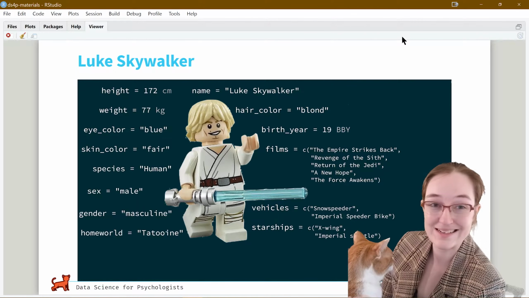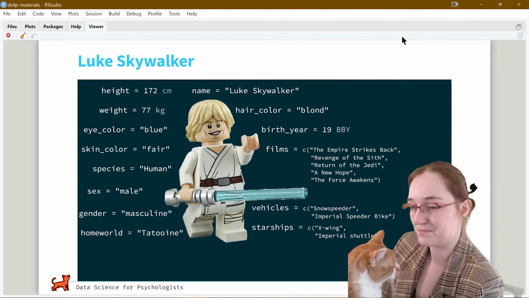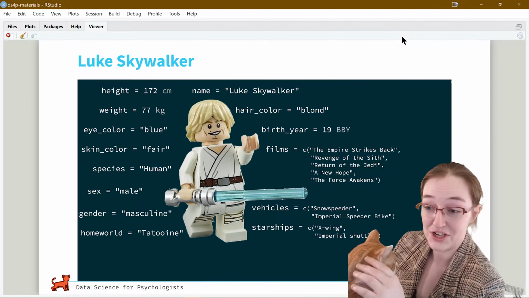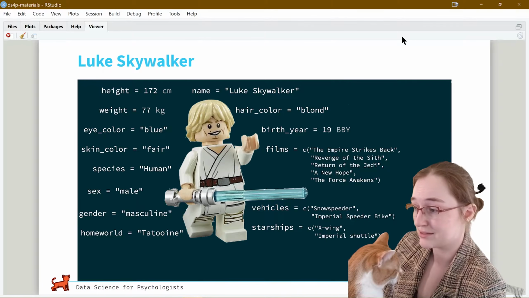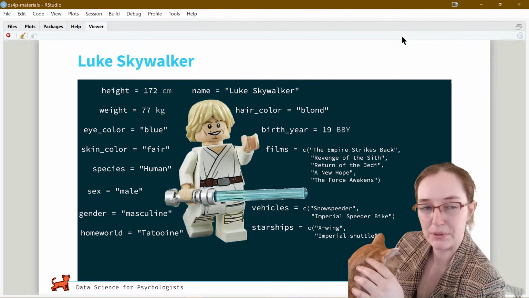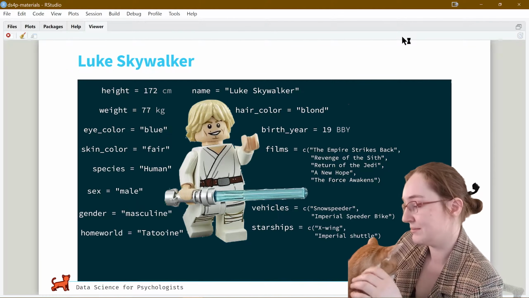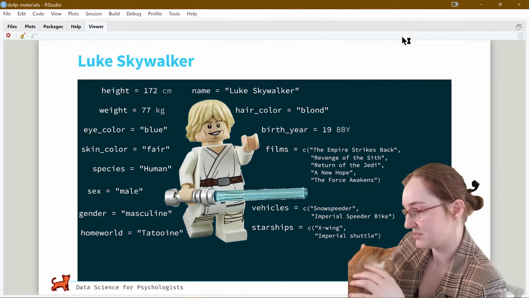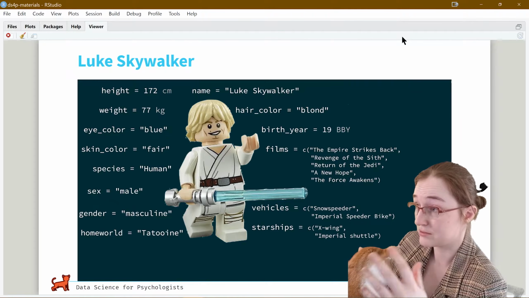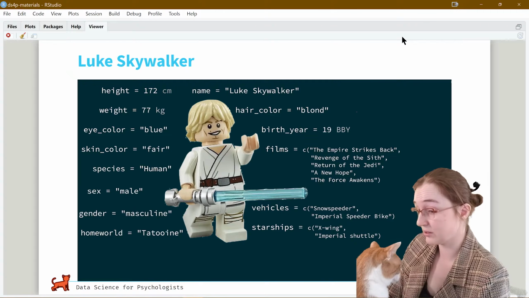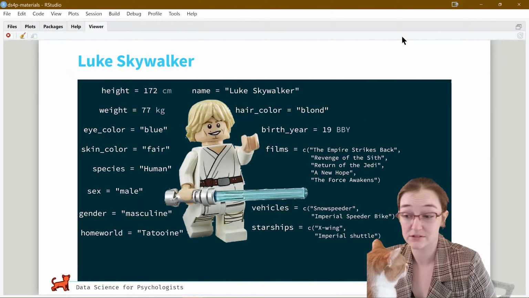His birth year is 19. He's in the films Empire Strikes Back, Revenge of the Sith, Return of the Jedi, A New Hope, The Force Awakens, and a couple others. We don't speak about those. His sex is male. His gender is masculine. This is just one person in the data set. And he's flown the X-Wing and the Imperial Shuttle.